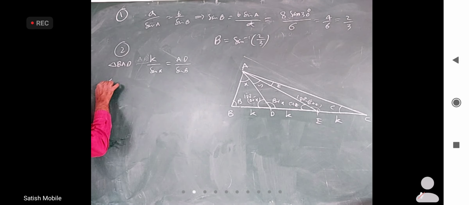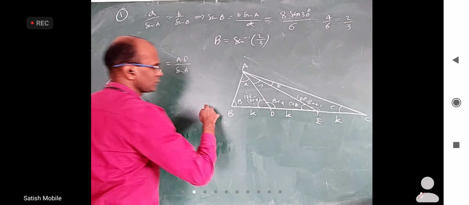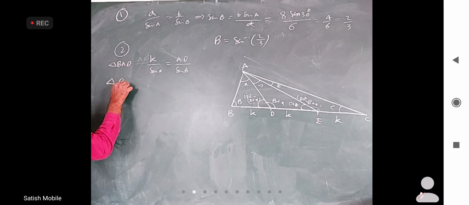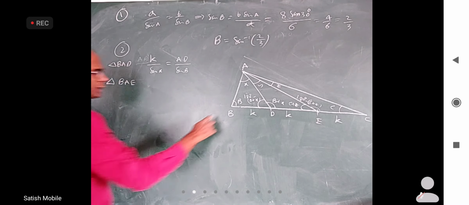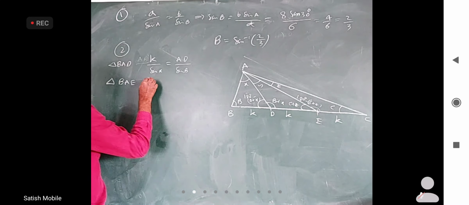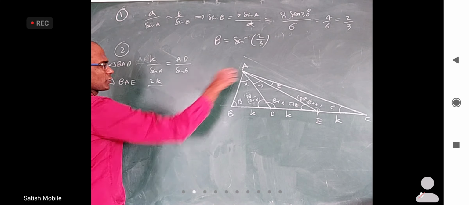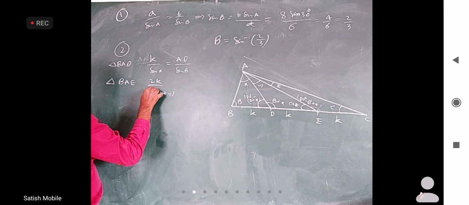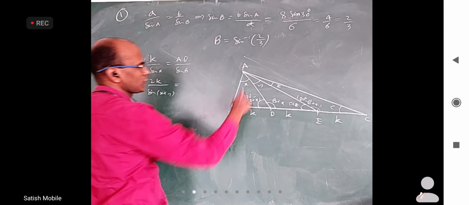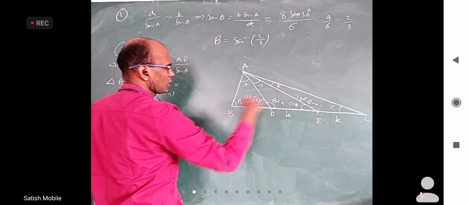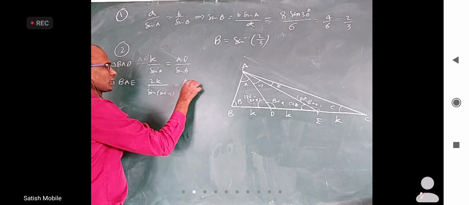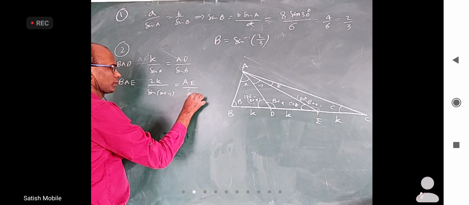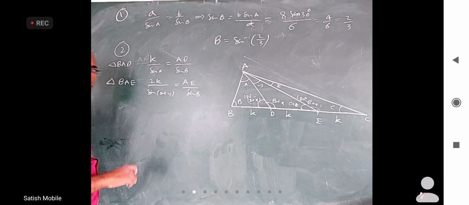Next, I am going to take triangle BAE. Then this length will be 2K. And opposite angle is sine of X plus Y. And in that big triangle, I can take AE and opposite side is B. So I can take AE by sine B. Okay.